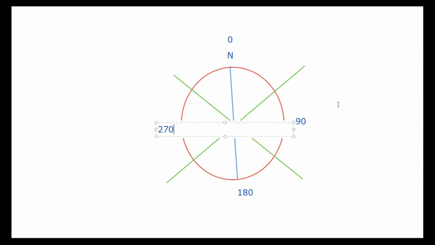Now what I'm doing here, 270 plus 360, the average value is like 350. We will take this one.